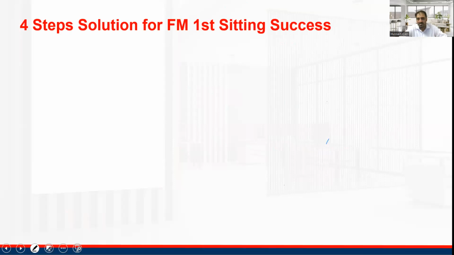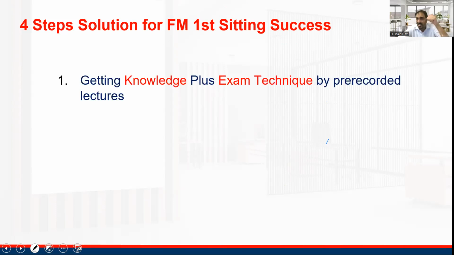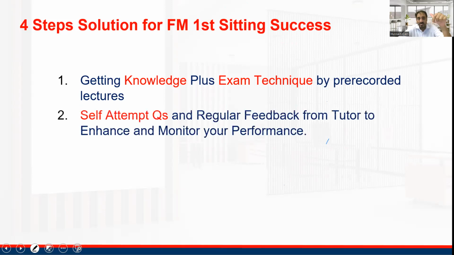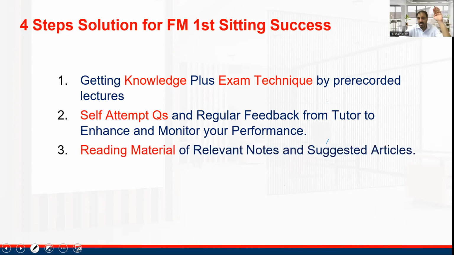Students, here are four steps for success in AFM at the first sitting. Number one, get 100% knowledge plus exam technique, with a well-disciplined approach. You need to self-attempt the questions I provide. Get regular feedback from the tutor and enhance your performance.